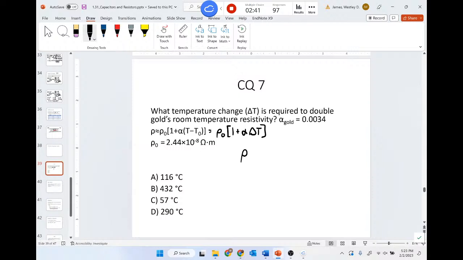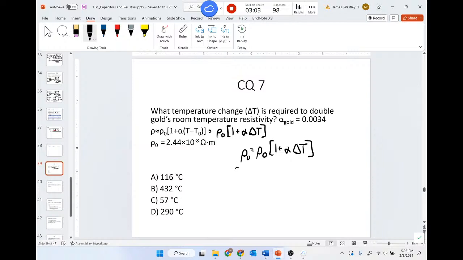So our original is going to be rho naught times 1 plus alpha times change in T. So that's our original, and at the end of the day, it's just going to equal rho naught. That is at room temperature. So our change in temperature in that case would be 0.